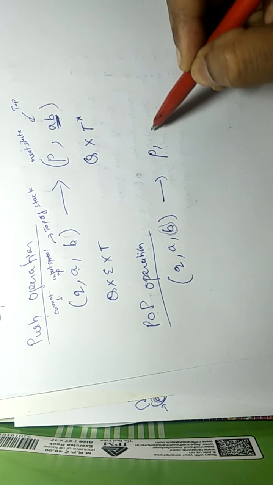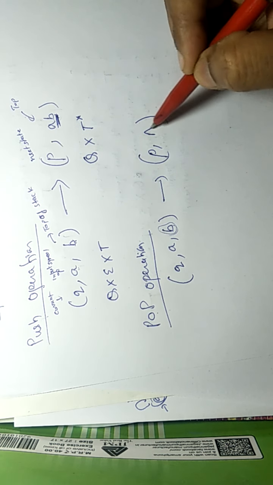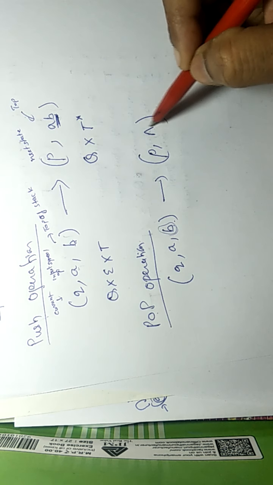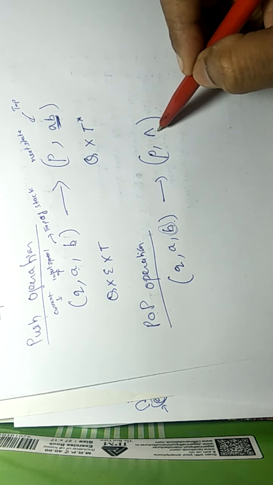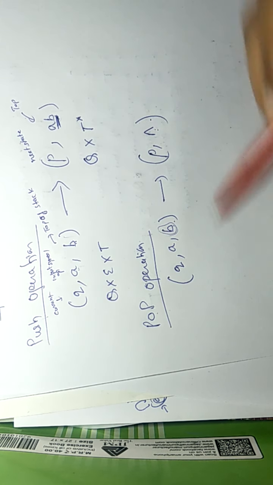We move to state p and we pop it. Pop means we are removing that b from the top of the stack. It doesn't mean that the stack is empty. It means only that we remove the symbol from the top of the stack.